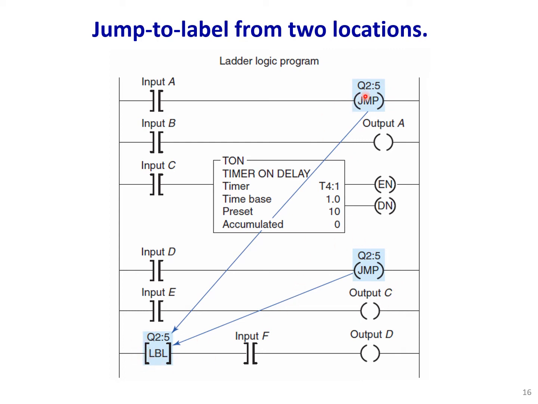If for any reason it couldn't reach this one, for example if the input A is de-energized or false, and the first jump is de-energized, so it doesn't jump. It continues reading other rungs, and if the second jump is active or energized, then it will perform as it should and jump to the label.